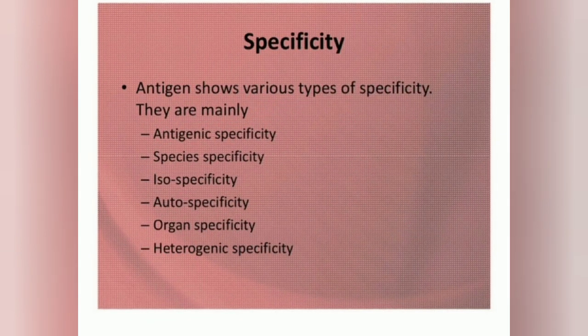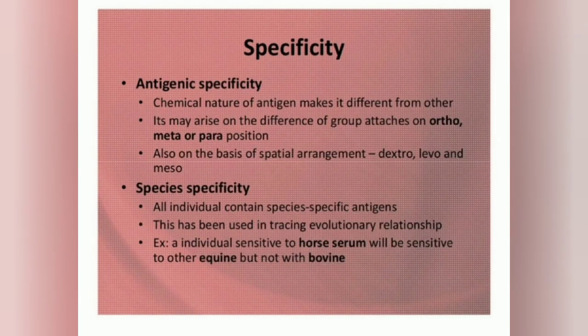Antigen shows various types of specificity. They are mainly antigenic specificity, species specificity, isospecificity, autospecificity, organ specificity, and heterogenic specificity. What is antigenic specificity? The chemical nature of antigen makes it different from others.